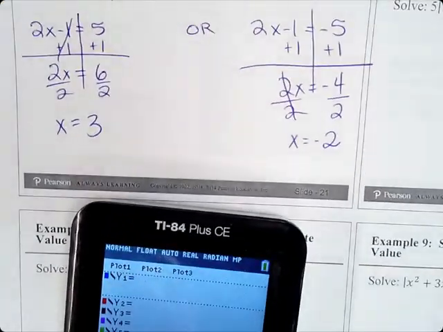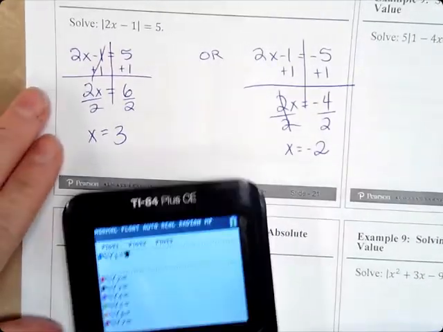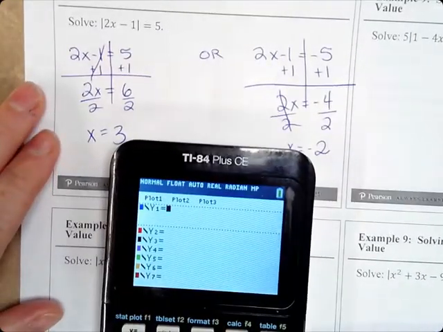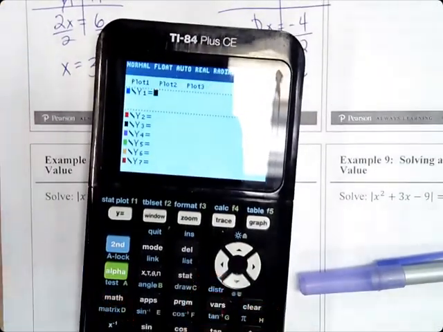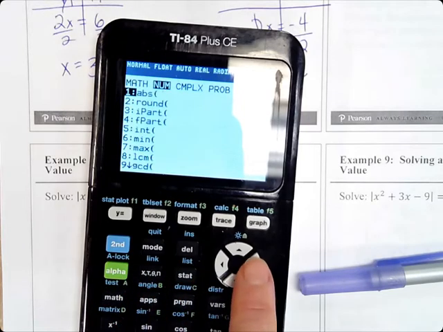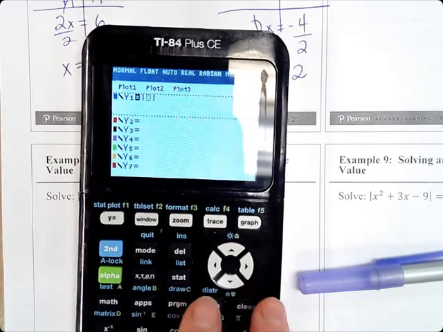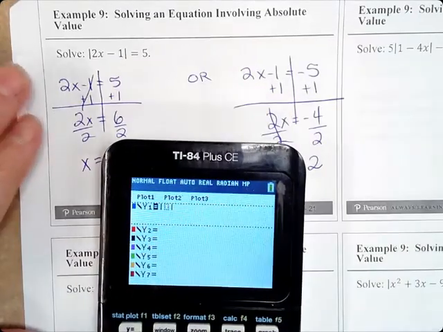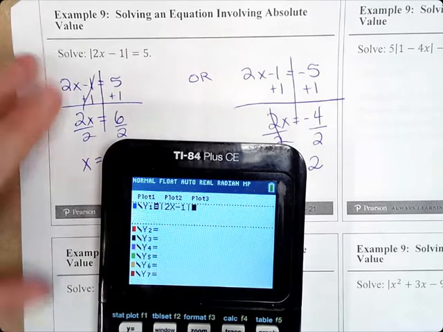But remember how to get the absolute value on the calculator? Math, num for number, absolute value, number 1. And then it pops up those absolute value bars. So we'll put in 2x minus 1. But it says equals 5.